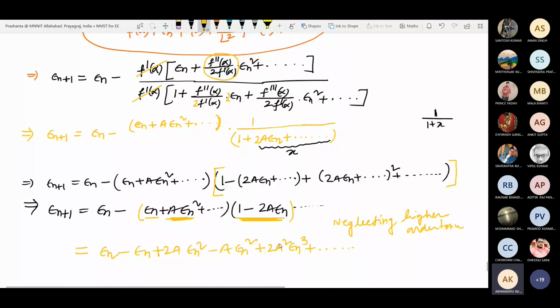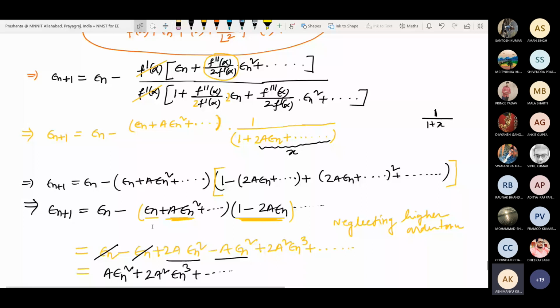You do the multiplication, it will take some time to understand. Now here in the last line, epsilon n and epsilon n cancel out, and from 2a epsilon square minus a epsilon square, you will be having a epsilon n square. Next term is 2a square epsilon n cube, and so on.